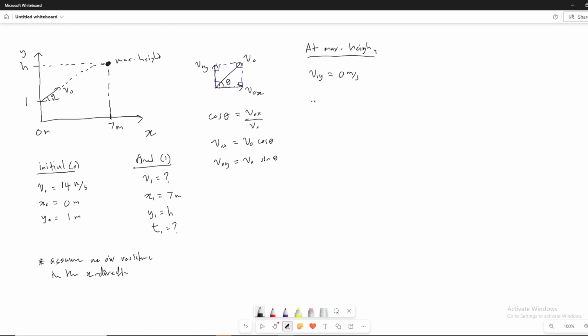So let's use this kinematic equation: V equals V naught y minus g t.